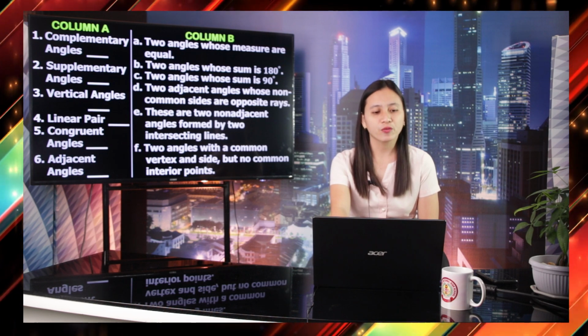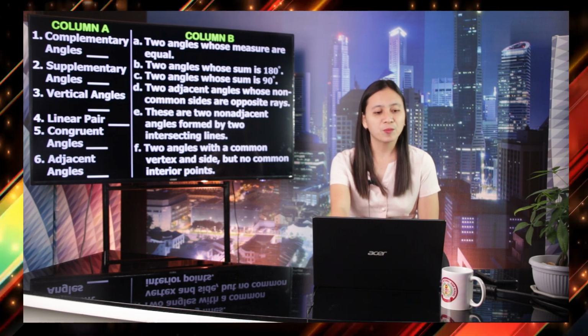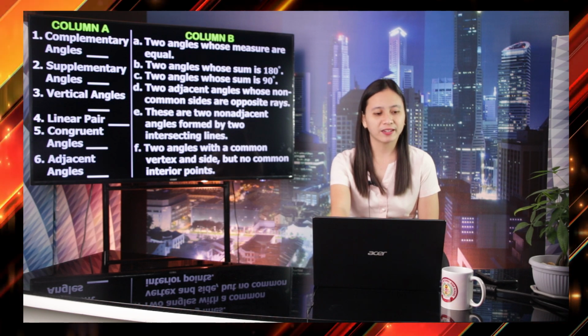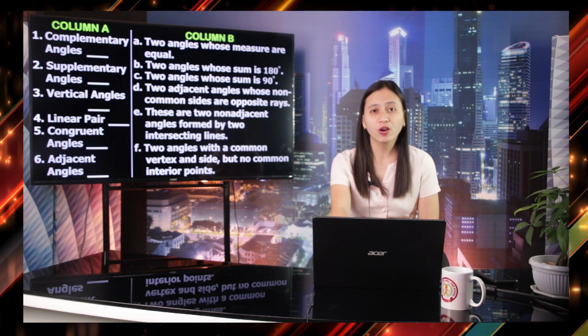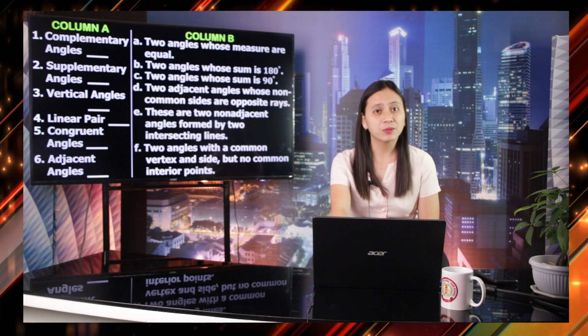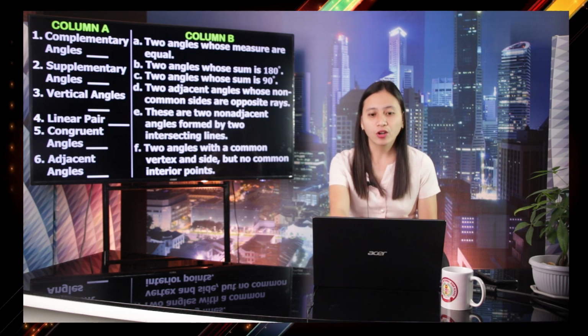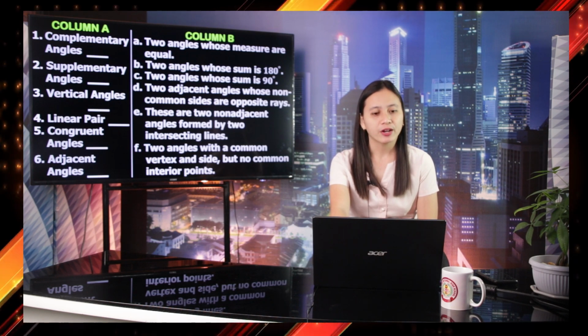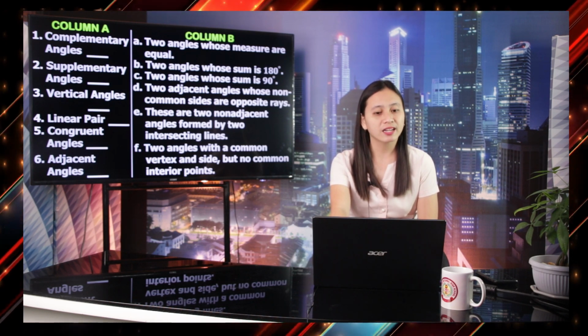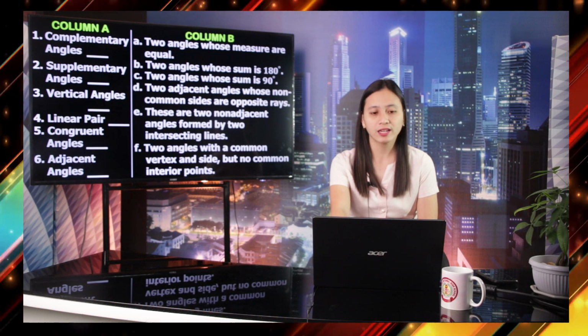Number 3, vertical angles. Number 4, linear pair. Number 5, congruent angles. Number 6, adjacent angles. And in column B, we have letter A, two angles whose measures are equal.